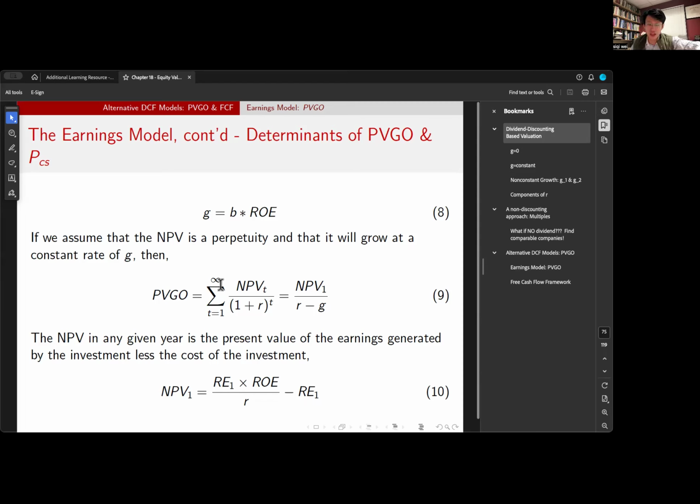When you sum them up, that gives you the present value of growth opportunity. So all you need to do is to discount back all the future NPVs. That gives you the PVGO, right? So every single NPV captures the value of every single investment idea at each time.